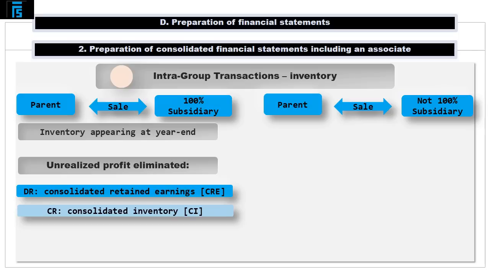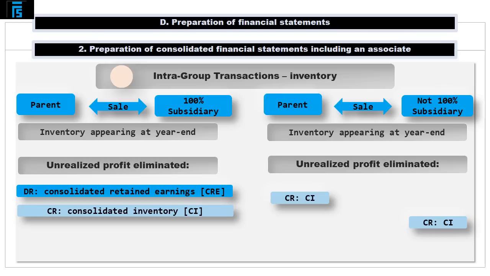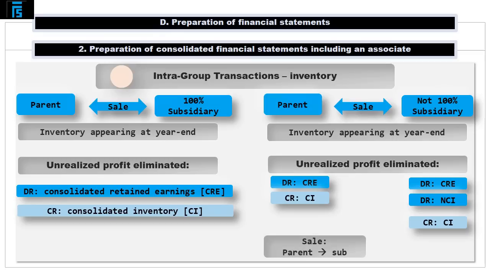Conversely, when the subsidiary that is a party to the transaction is only partly owned, the elimination of unrealized profit involves a credit to consolidated inventory and a debit to either consolidated retained earnings or a combination of group retained earnings and non-controlling interest. The first situation will occur when the sale was made by the parent entity to the subsidiary, and it is therefore the parent's retained earnings where the unrealized profit is held.